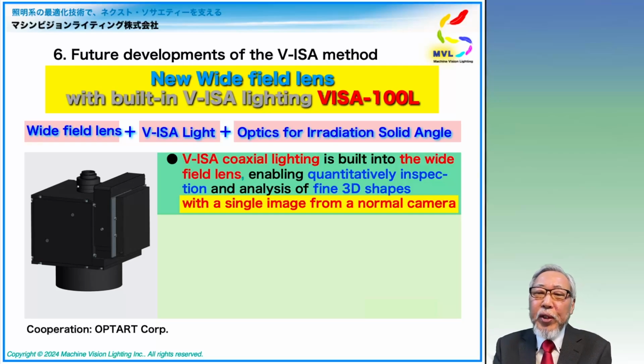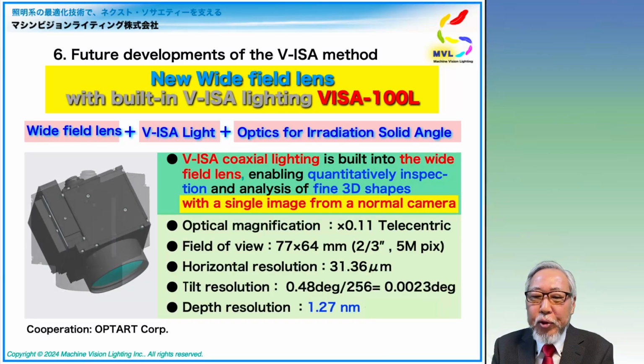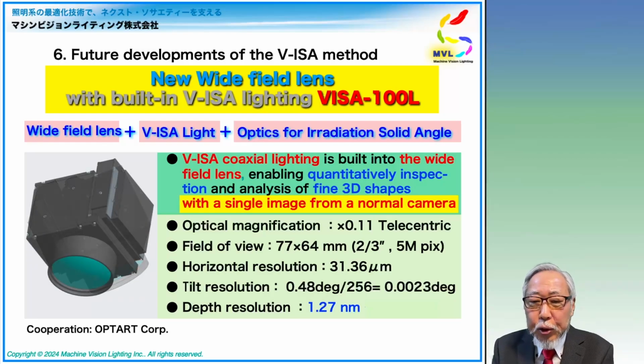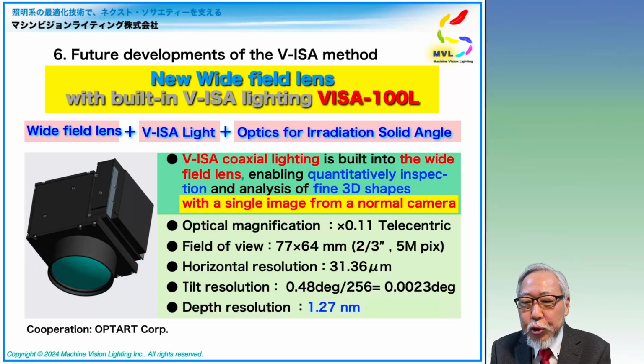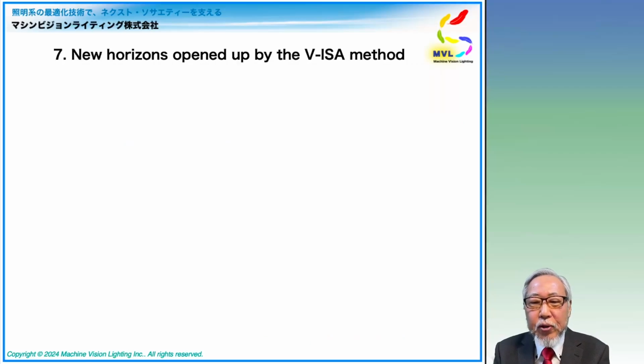But even with this, if you use an ultra-thin concentric stripes irradiation solid angle, you can increase the resolution to a range of several hundred picometers, which is sufficient, and I think it is sufficient to see even normal defects in semiconductors, such as crystal defects.